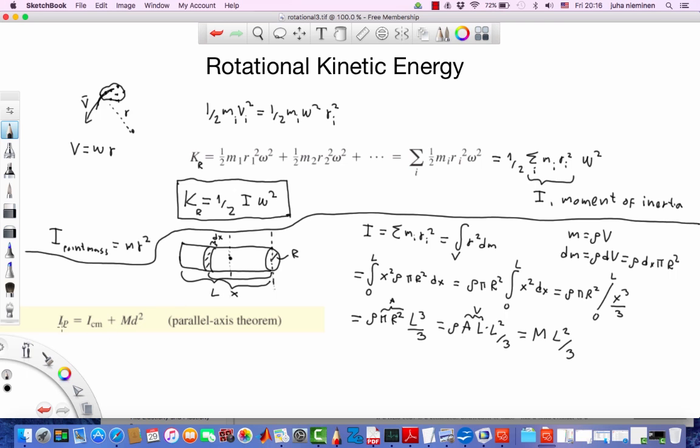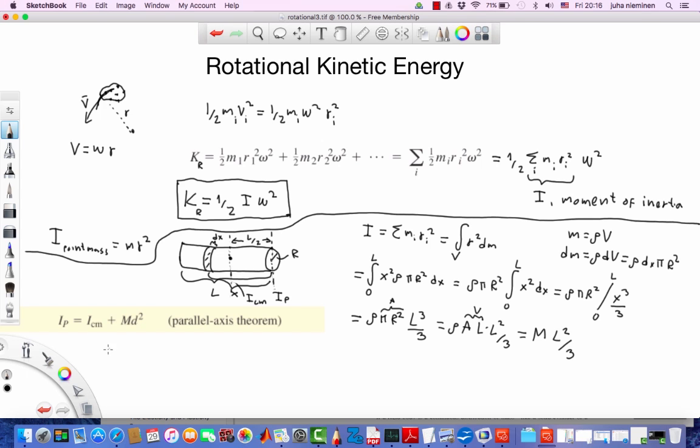First of all, we calculated the moment of inertia about some other point P. So here our moment of inertia about this axis would be I_P. And we wanted to calculate the one through the center of mass. So here's our I center of mass. The distance between these two axes, first of all, they're being parallel, as we see, is here. So that is L over 2, half of the length.